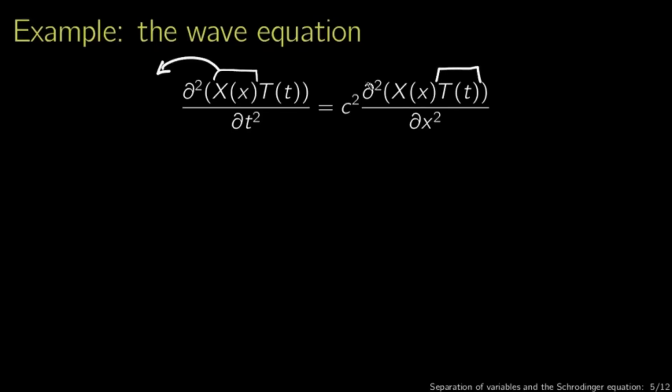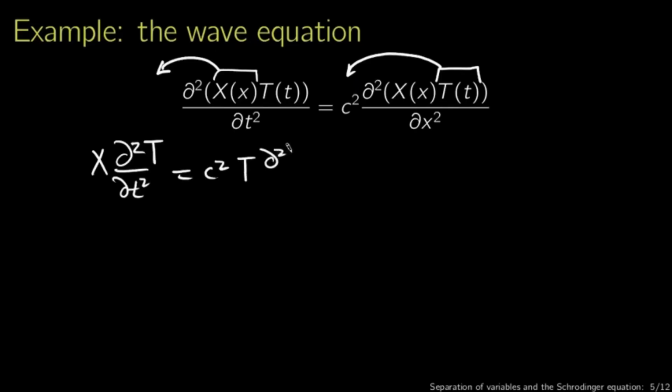We have partial second derivatives with respect to position, and here we have only a function of time, effectively a constant for this partial derivative, which means we can pull things out. And what we've got then is capital X, and I'm going to drop the parentheses because you know capital X is a function of lowercase x. So you've got big X times the second partial derivative with respect to time of big T equals c squared times big T times the second partial derivative of big X with respect to x.